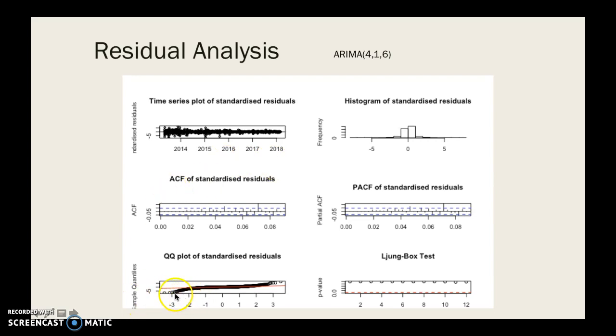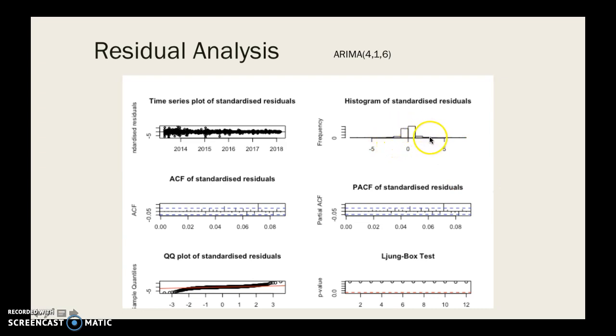Obviously the QQ plot here departs from the QQ line at the tails, so there's possible departure of normality there. But overall it's not too bad.